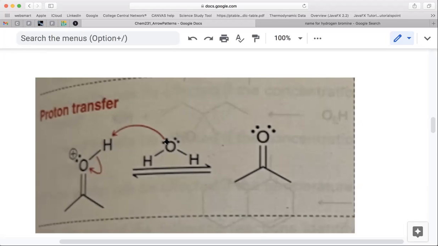So the first, we see one arrow pointing from the H2O, and the H2O we already know is stabilized, but there's an arrow that is pointing towards the hydrogen atom, which is bonded to a positively charged oxygen atom. And we already know that oxygen atom is not stable when it's positively charged. So it has a hole in the electron density that needs to be filled.